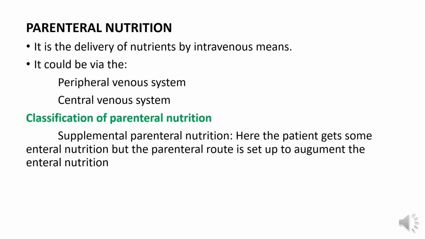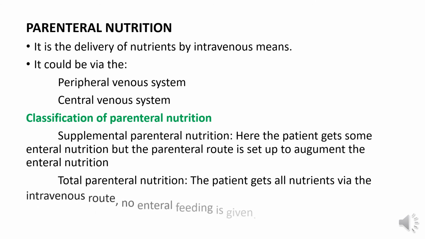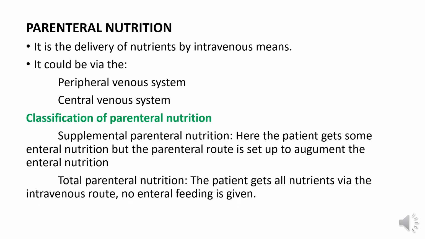So that's an example. And we have the total parenteral nutrition. Here the patient gets all nutrients via the intravenous route. And in this case, no enteral feeding is given.